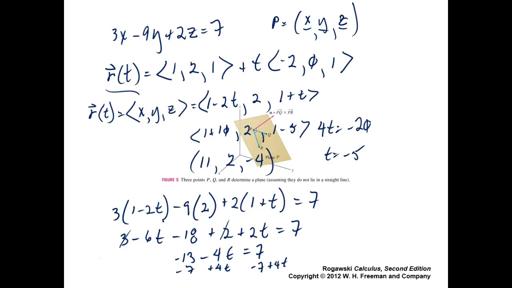It works there. Let's see about here. Is this on this line? I think we just showed it had to be. Yeah, because when t is equal to negative 5, it's on that line. So, sure enough, I think we got it knocked. Let's see if they got the same thing in the third. Yeah, the point was 11, 2, negative 4.